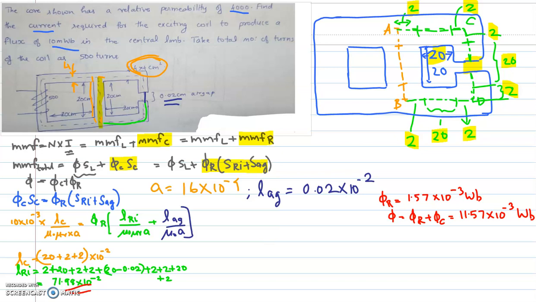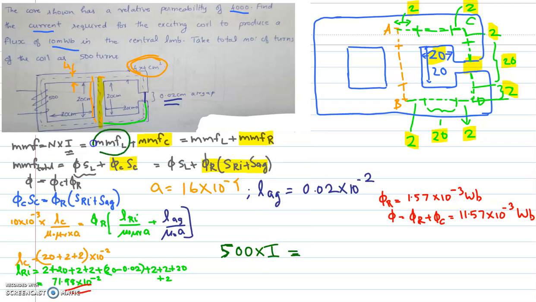Now what we are trying to do is calculate the current. N is already given as 500. So it is 500 into I, which is equal to the MMF of the left limb.